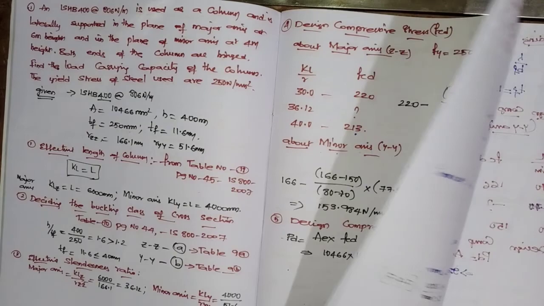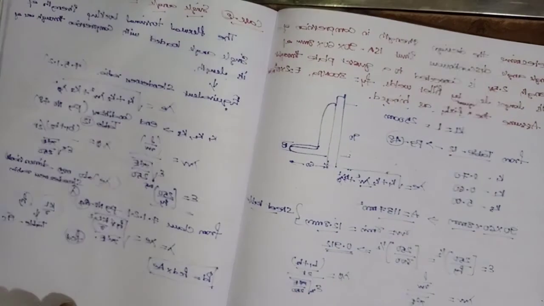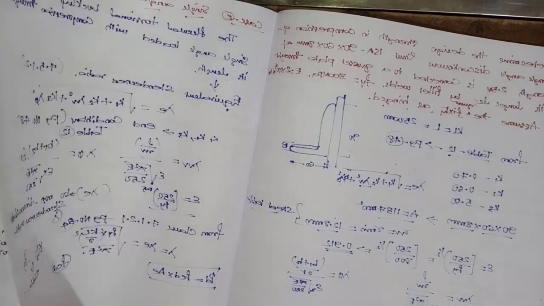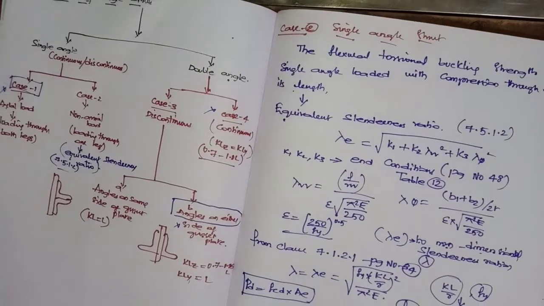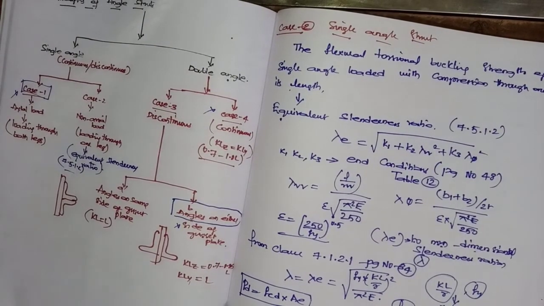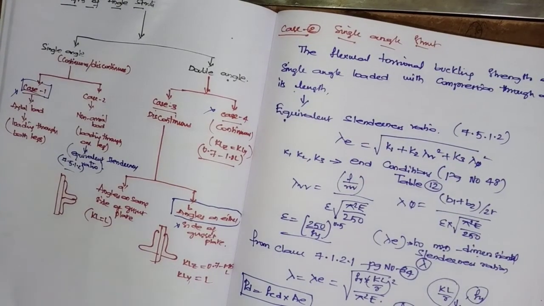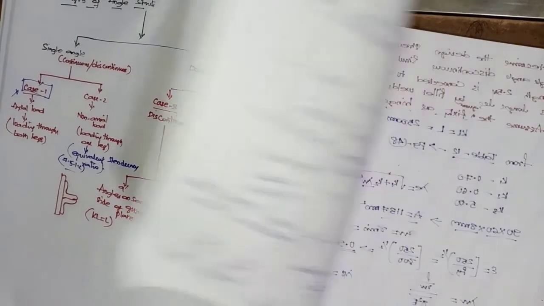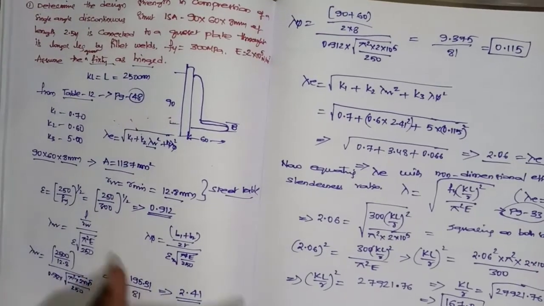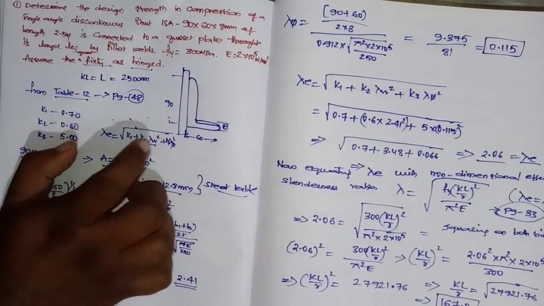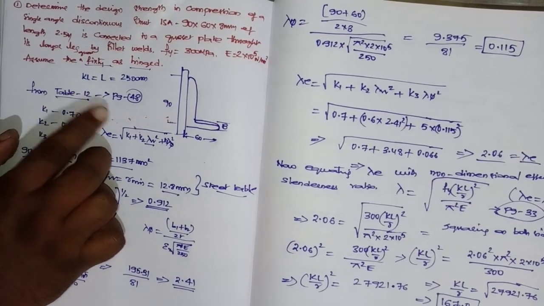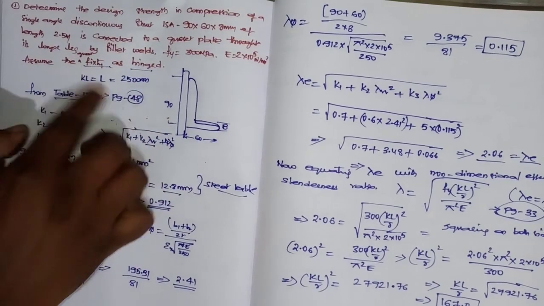Coming to today's problem, it is totally different. That is, instead of an I section used as a compression member, this is an angle strut member. Okay, this is the procedure. After doing this procedure, what you are getting here is the effective length and the equivalent slenderness ratio value. You are calculating and obtaining K1, K2, K3 values from the table, page number 48, based upon the fixity condition.